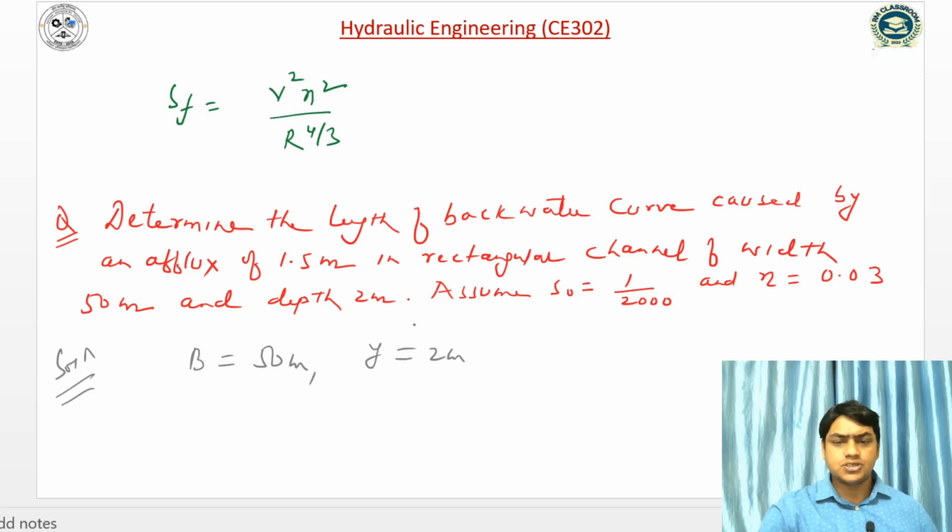Initial depth is 2 meter and afflux of 1.5 meter, so can be computed. A1 is equal to, this value is y1, so it will be 50 into 2, that is 100 meter square.